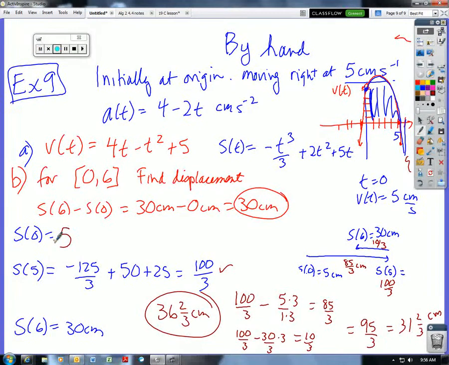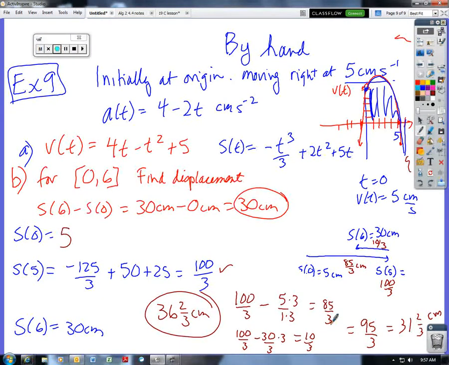Okay, let's fix this a little bit. That's why it's a really good idea to check these on the calculator. Oh, and I had it written right here, silly me. I did do 100 thirds minus 5. 100 minus 15 is 85. 85 thirds. 100 minus 30.